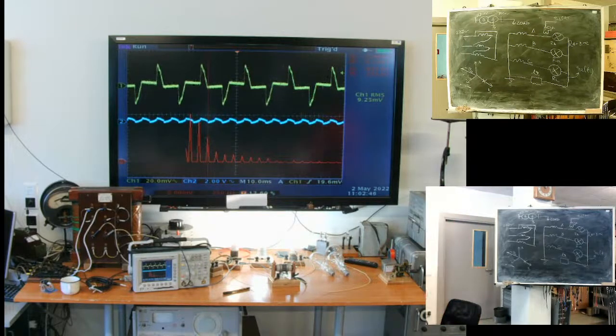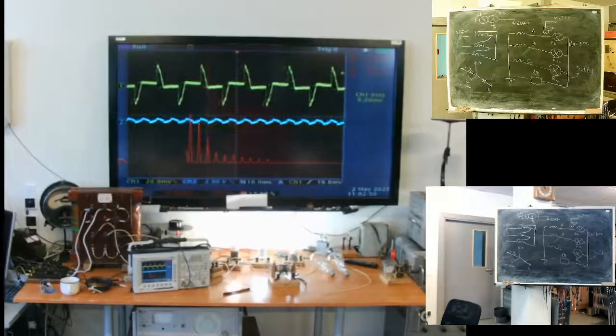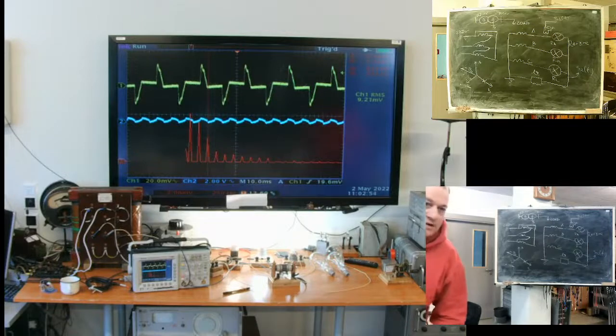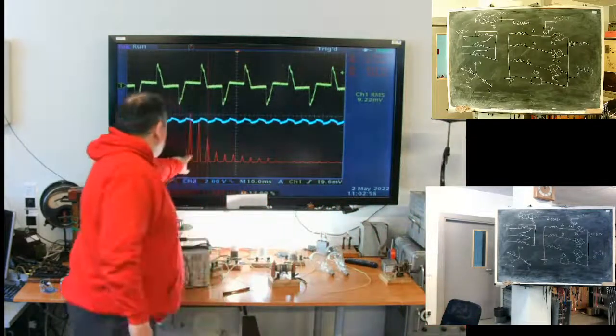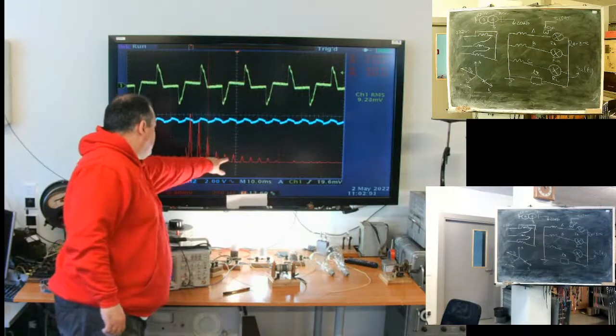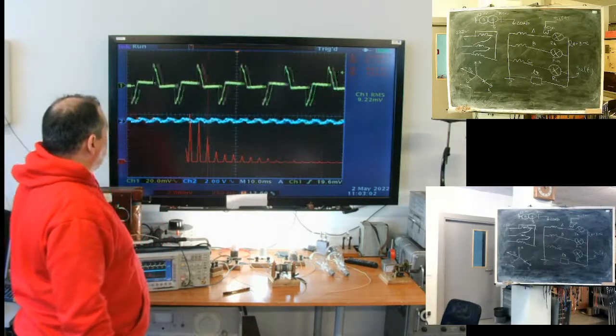It's not very well seen, but it is the third, fifth, seventh, ninth harmonics.